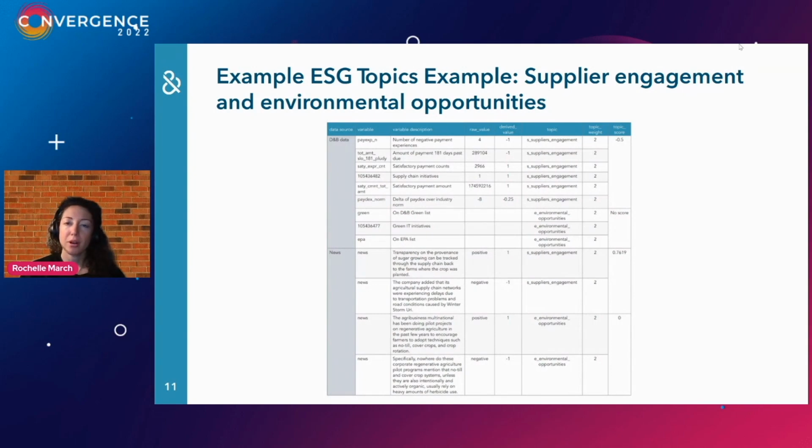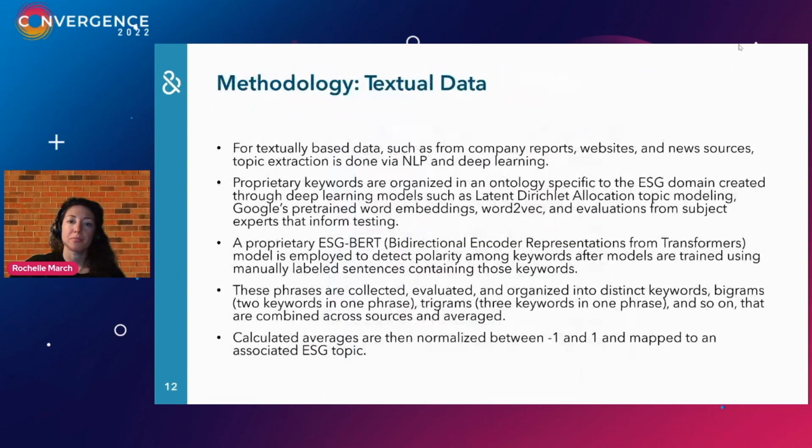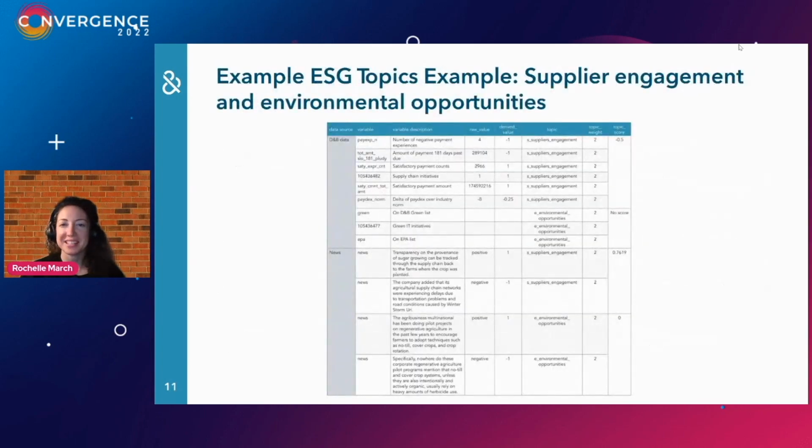So the numeric and continuous variables, we gather that, we normalize it by some factor generally. So this might be revenue, number of employees, square footage, and then we're able to compare that factor to other companies and derive a relative benchmark, which then goes into the ESG score.